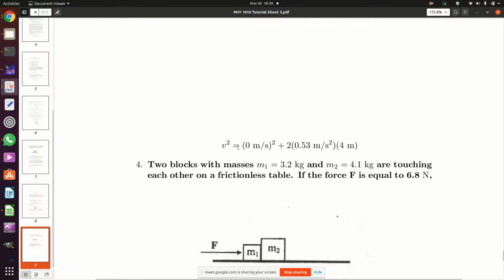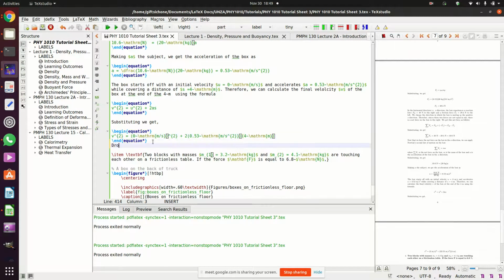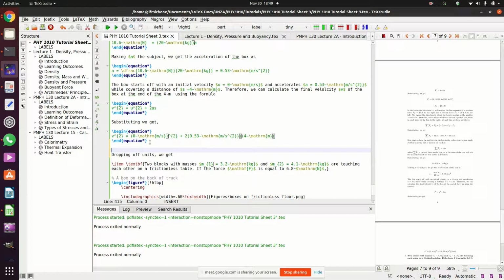So when you substitute this, dropping off units, we get a more compact form of this.